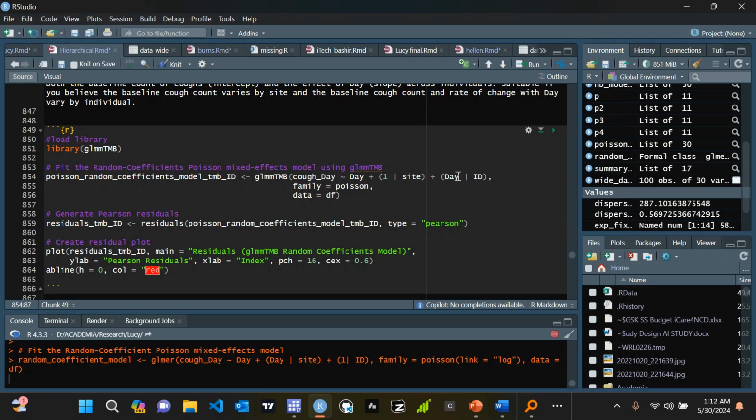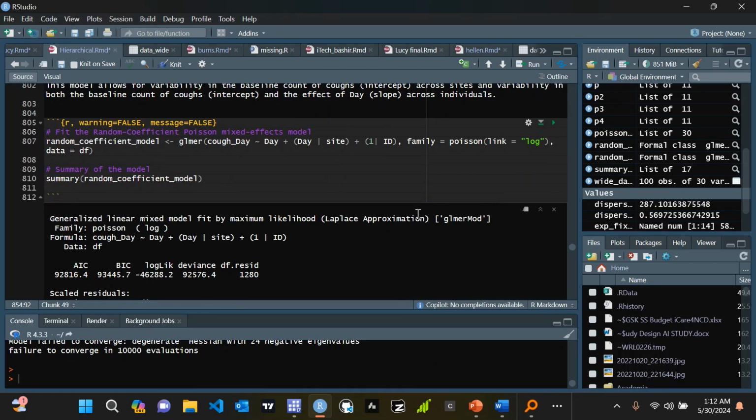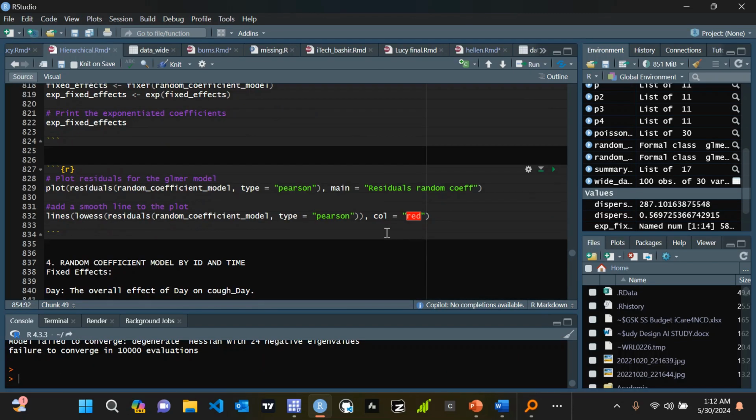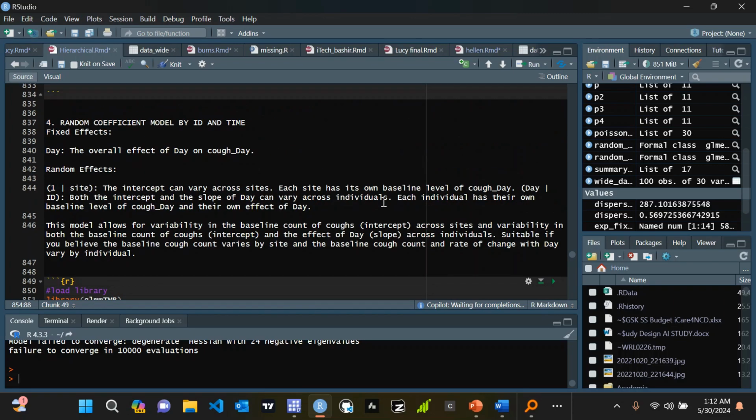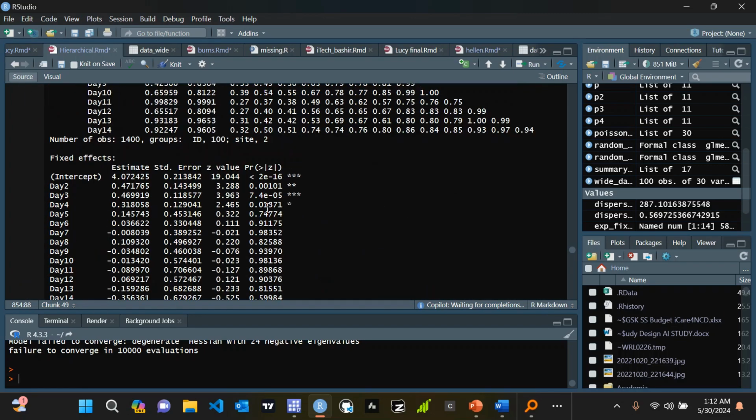It assumes that time has an effect on the cough frequency, and also the day and the ID have an effect on cough frequency. This is what we call the between and within differences. Within is within the person, that's the ID, and between can be between site and between day. So yeah, this model is finished.